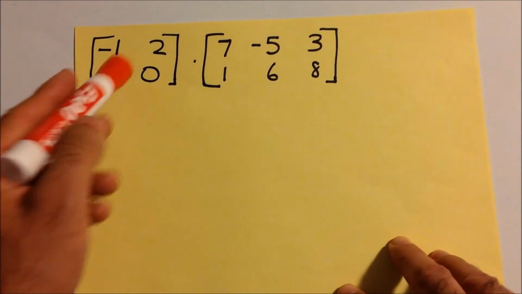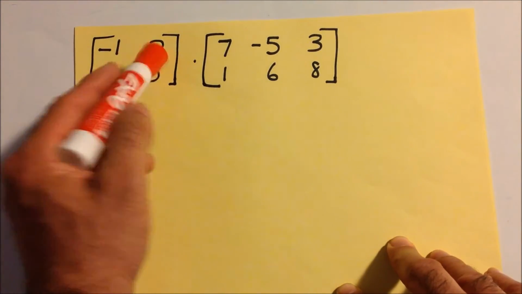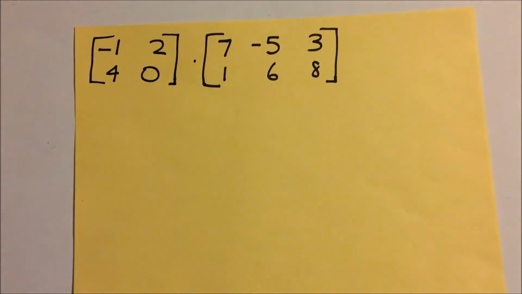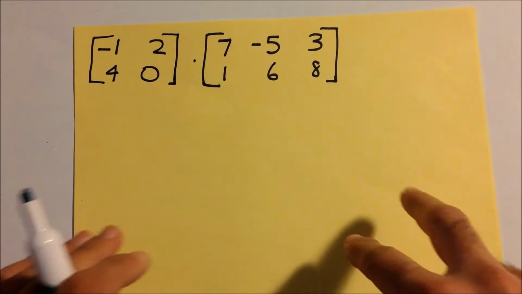Well, we have two elements in the row, and we have two elements in each column, so we can multiply that. That's really important to remember. Now, when we actually multiply matrices, we're going to multiply and add. We're going to multiply each row with each column, each element in the row.